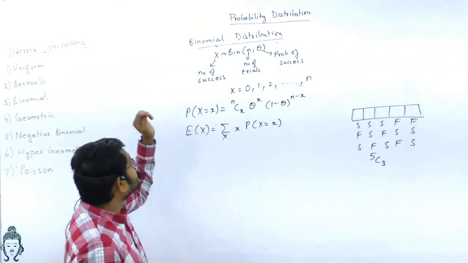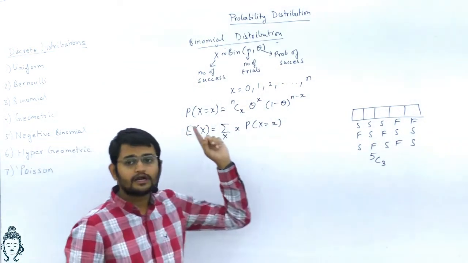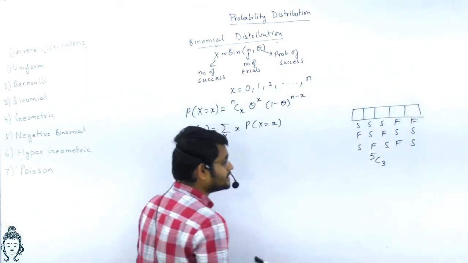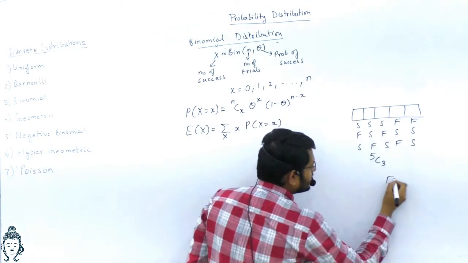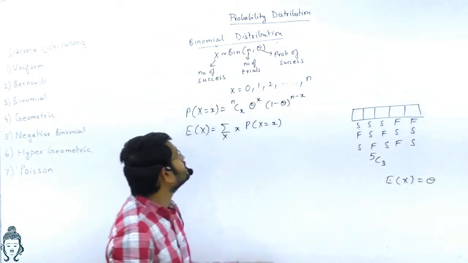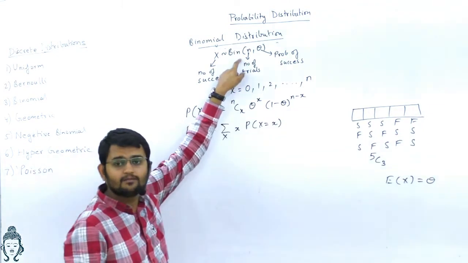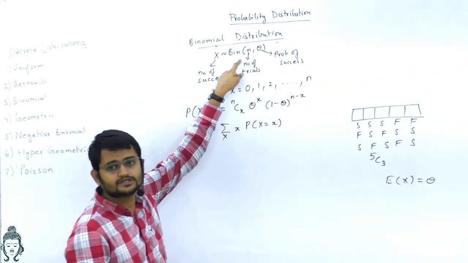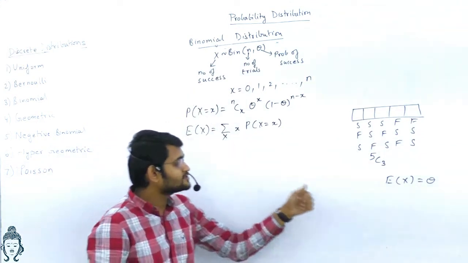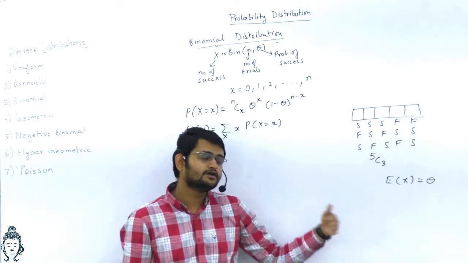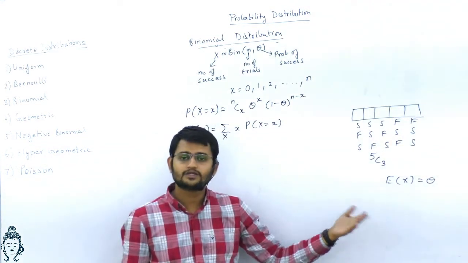I said that one particular Bernoulli distribution or Bernoulli trial had expected value theta. Here what we are doing is n number of Bernoulli trials. For the first, the expected value was theta. For the second, the expected value will be theta. For the third, theta, and so on.